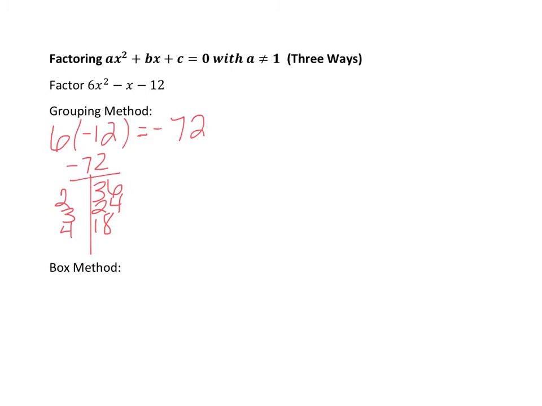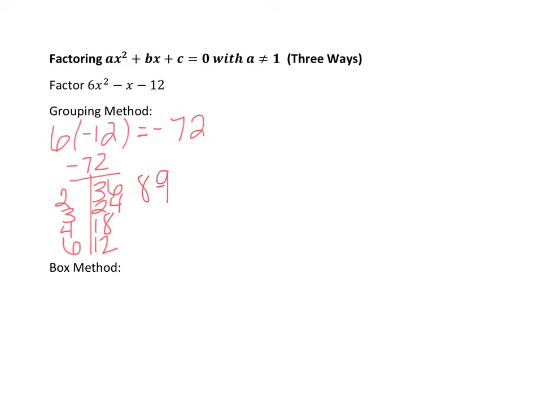It's not divisible by 5, maybe by 6. 6 and 12, not quite. 72 divided by 7 is not going to work. 8, 8 and 9. Okay, so 8 and 9 are going to be my numbers. Now, how do I need my signs if I need them to add up to a negative 1? Well, the 9's going to have to be negative and the 8's going to have to be positive.